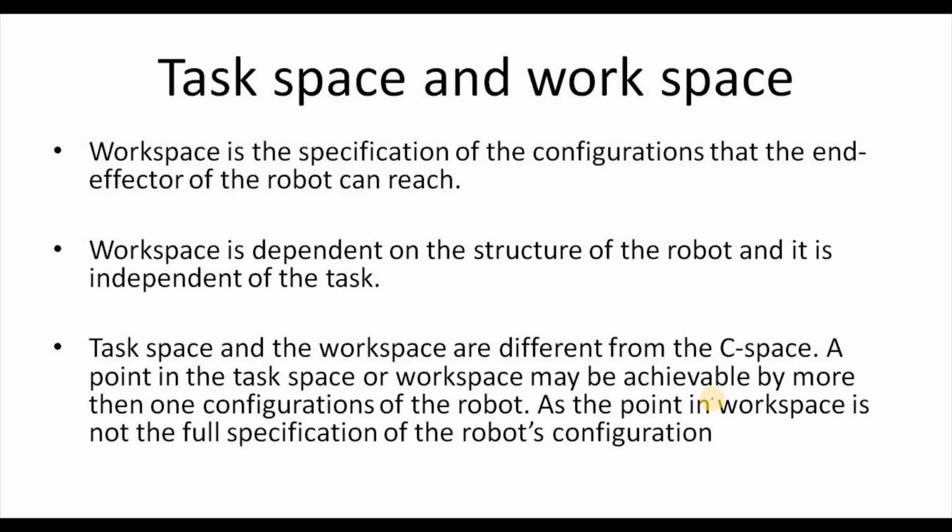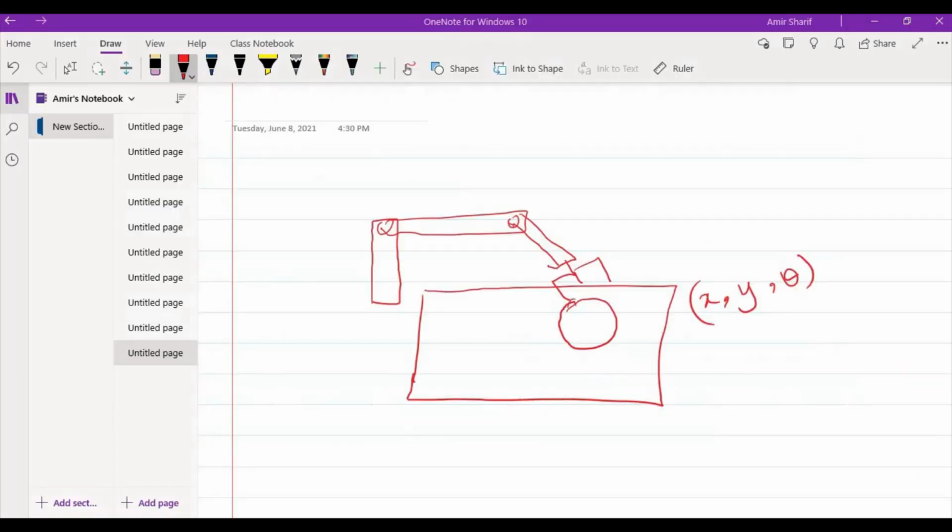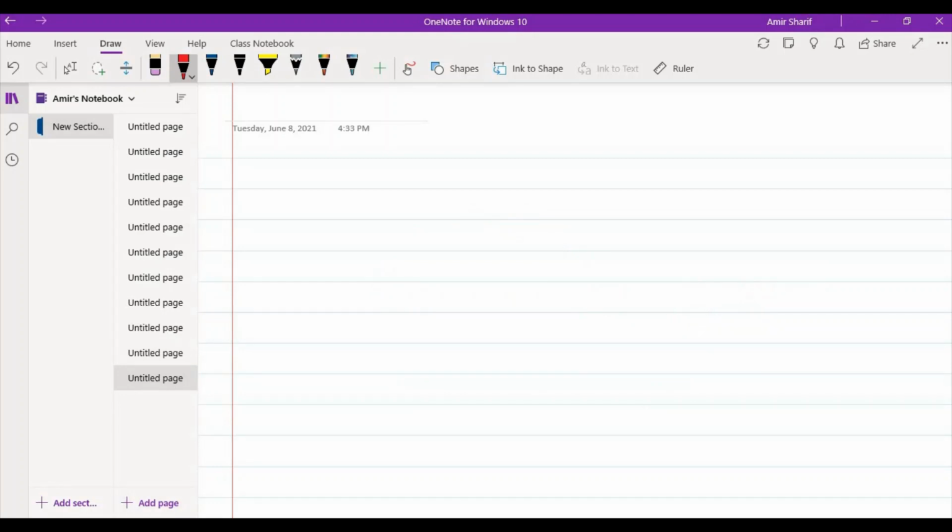You can say it is the specification of configurations that the end effector of the robot can reach. So, for example, you have a two-link robot.